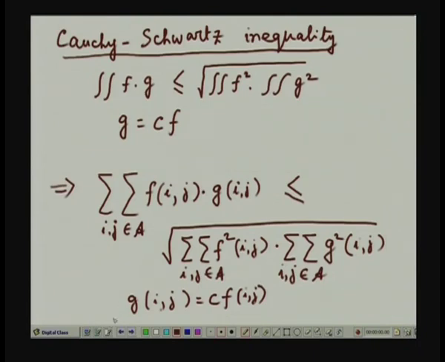Now, again from the Cauchy-Schwarz inequality, I go back to this Cauchy-Schwarz inequality.